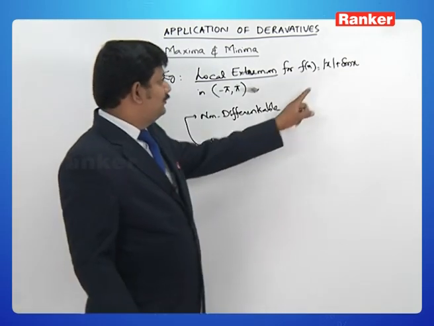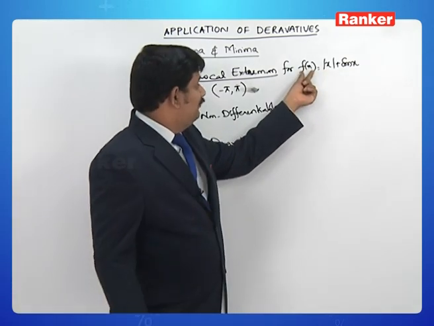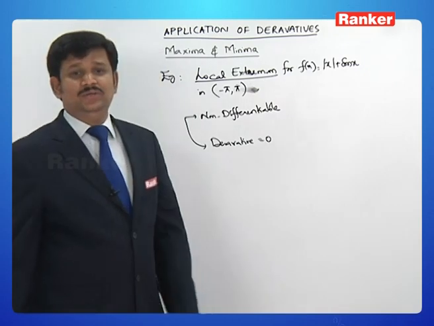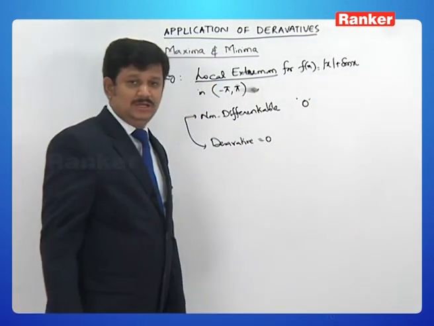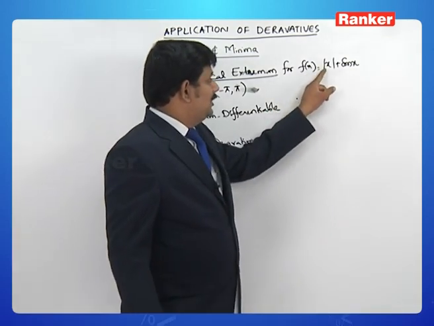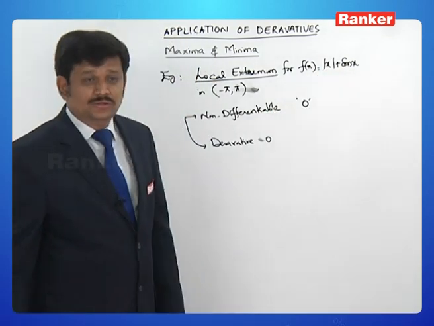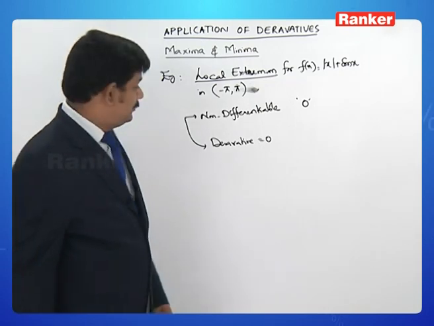Now there is only one point of non-differentiability. F of x is equal to mod x plus sin x is not differentiable at 0. So 0 is the only point of non-differentiability. Elsewhere mod x is differentiable and sin x is differentiable, so their sum will always be differentiable.